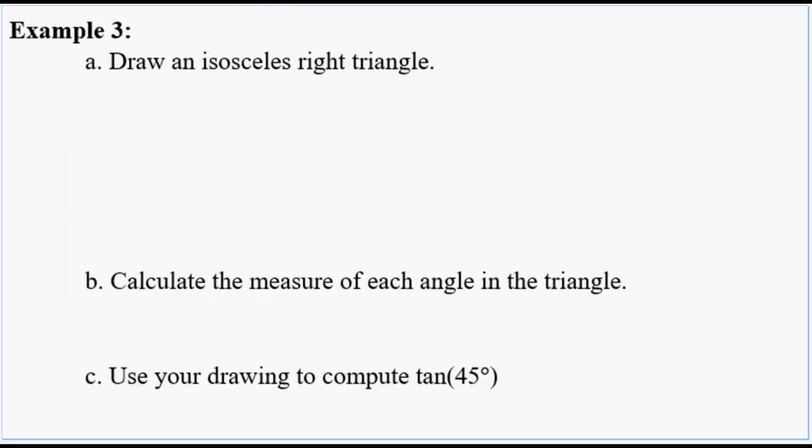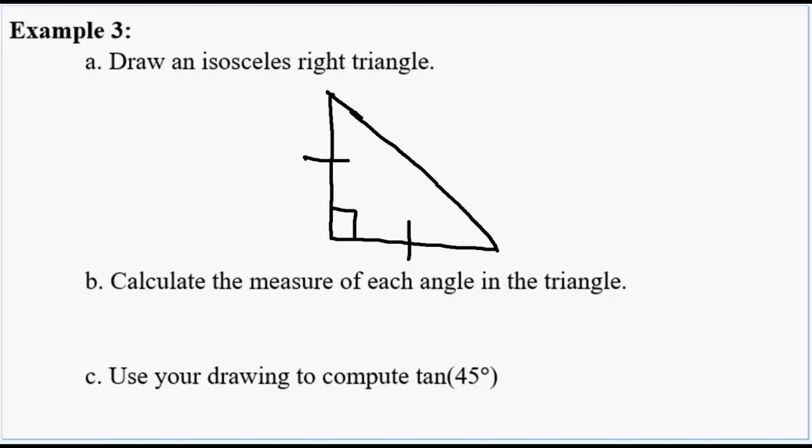All right, now in this one it says, draw an isosceles right triangle. So here's my right angle, and then this is going to be the hypotenuse, and I'm going to mark these congruent. Now remember our isosceles triangle theorem, across from the congruent sides are congruent angles. So these two angles have to be the same.